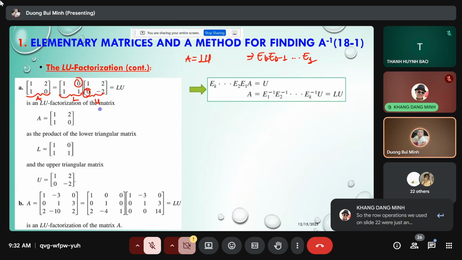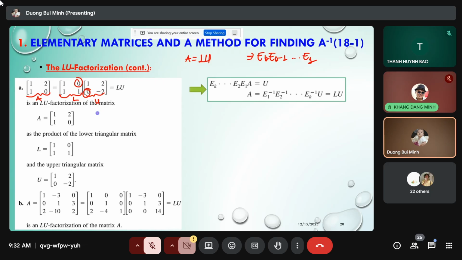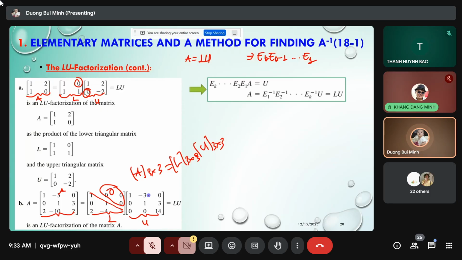Here, this is A, then this is L, and this one is U. Because A has 3 rows and 3 columns, L must be 3 by 3, and U also 3 by 3. And this is the diagonal, right? So the elements above the diagonal must be 0 for L, and for the upper triangular matrix, the elements below the diagonal must be 0.